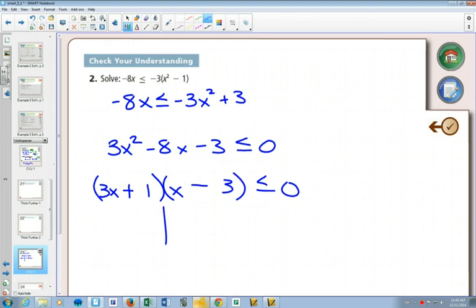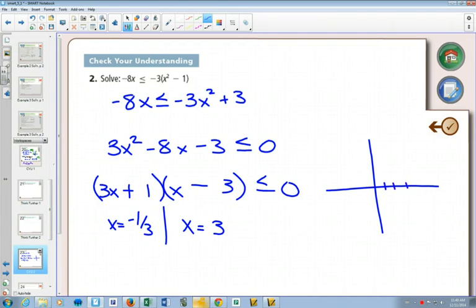So we get our critical values at 3 and negative 1/3. Let's look at our graph. We've got 3 and negative 1/3 as our two x-intercepts. Which way does our graph open?